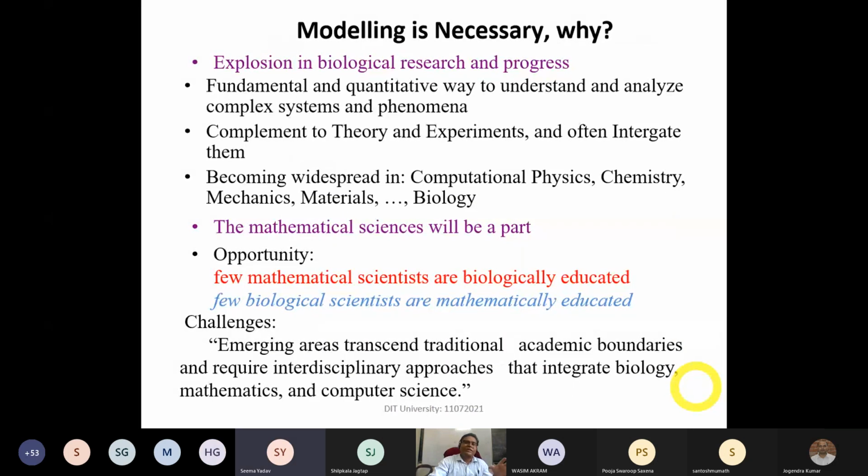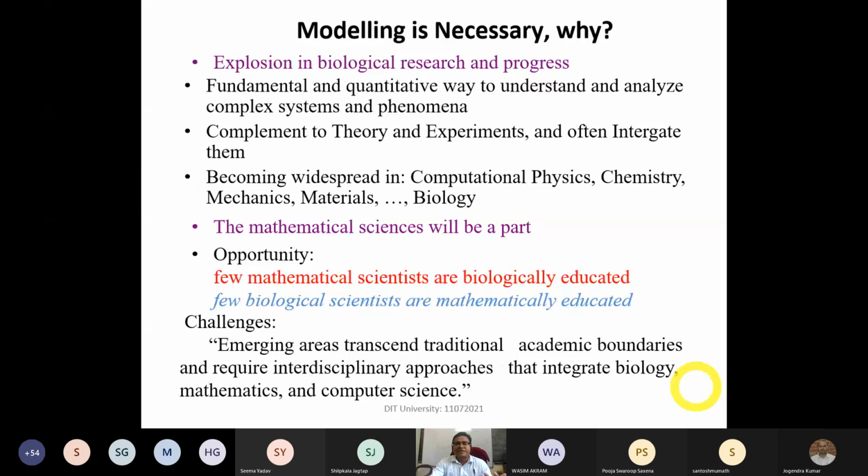Anyway, why is modeling necessary? Because of the explosion in biological research and progress, it is a fundamental quantitative way to understand and analyze complex systems and phenomena, and it is a complement to theory and experiments and often integrates them. Where the experiments fail, the theory will come in, and then modeling will help to understand the correct experiments for that type of theory. So theory and experiments integrate together.